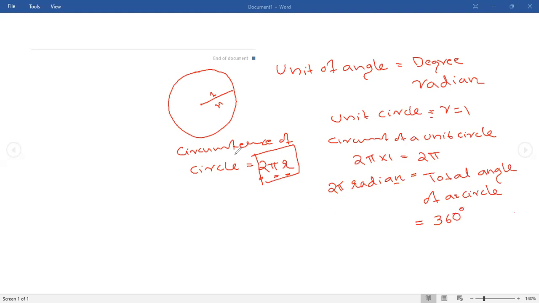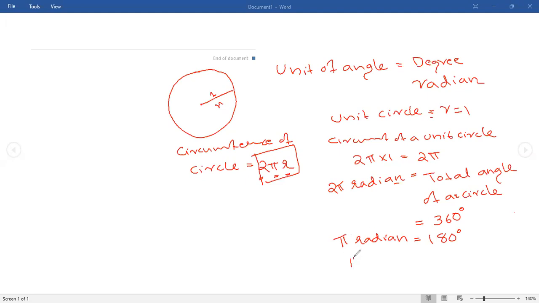In a circle, we know very well, the total angle is 360 degree. So 2 pi radian is equal to 360 degree. So what will be pi radian? Pi radian will be equal to 180 degree.